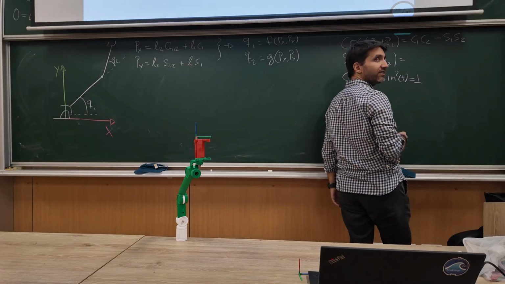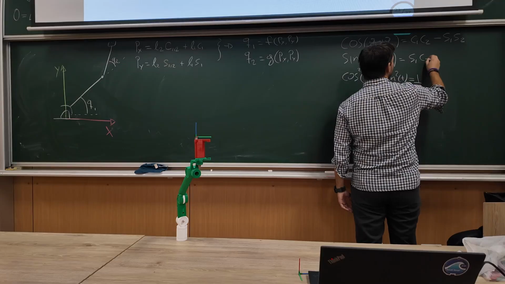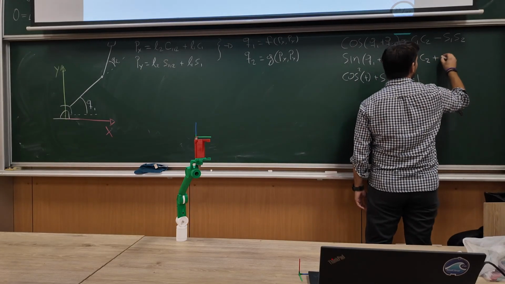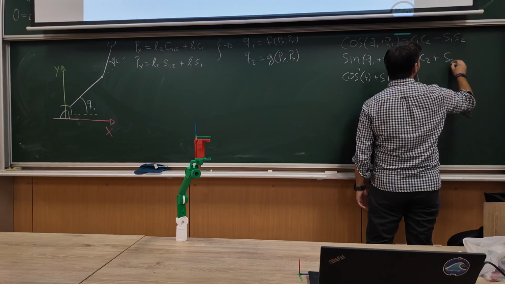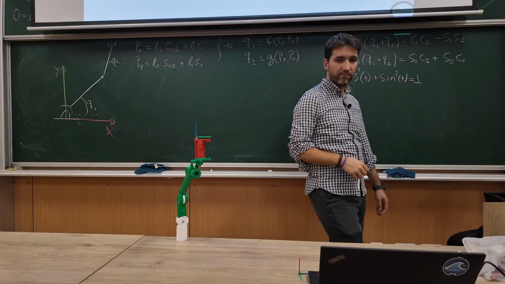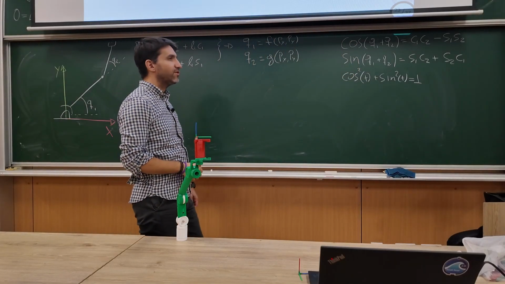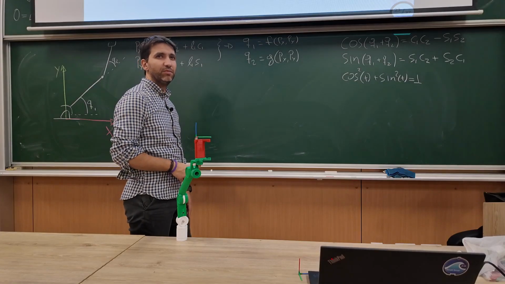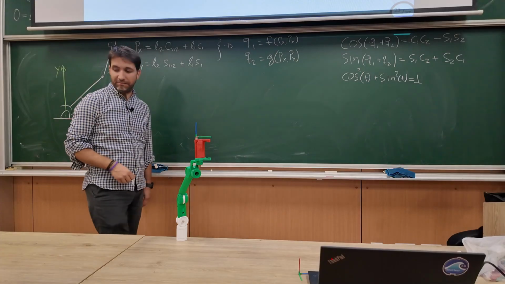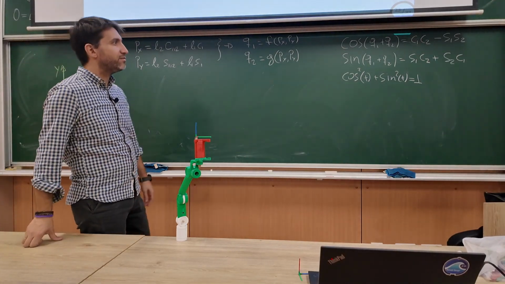Sine q1 cos q2, plus, right, cos q1 sine q2. I'm not sure. My intuition says yes, but it's correct. I don't remember these things by heart either, but yeah.